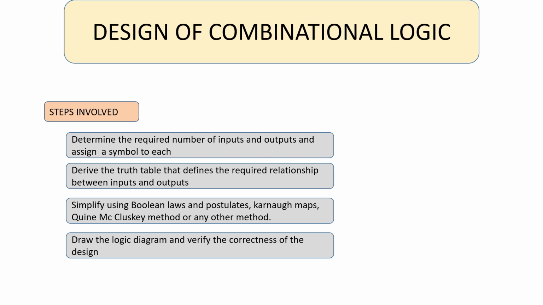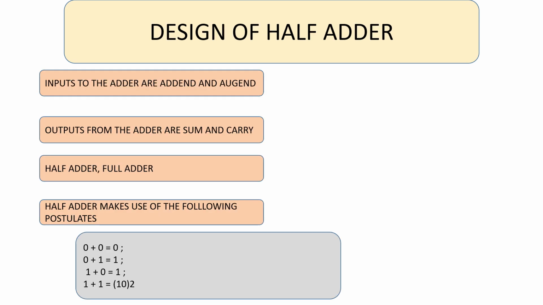You have to simplify that using any one of the methods. You can apply either the Boolean laws and the postulates, or you can make use of a Karnaugh map, Quine-McCluskey method, or any other suitable method. The last step is, after simplifying the expression, obtain the logic diagram and verify the correctness of the design.